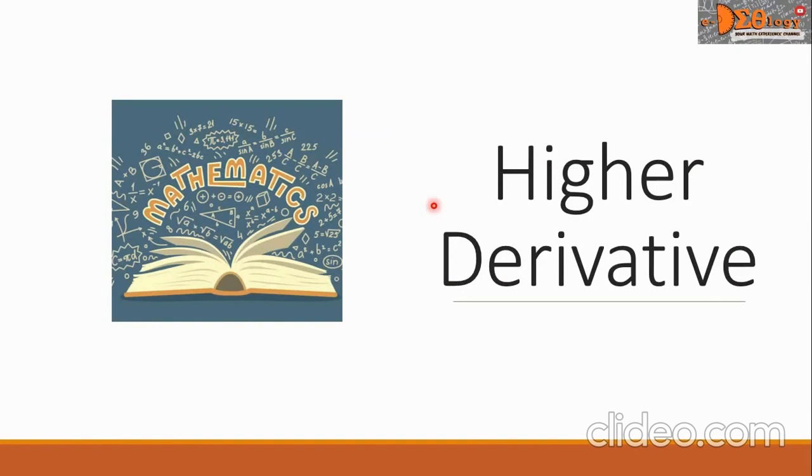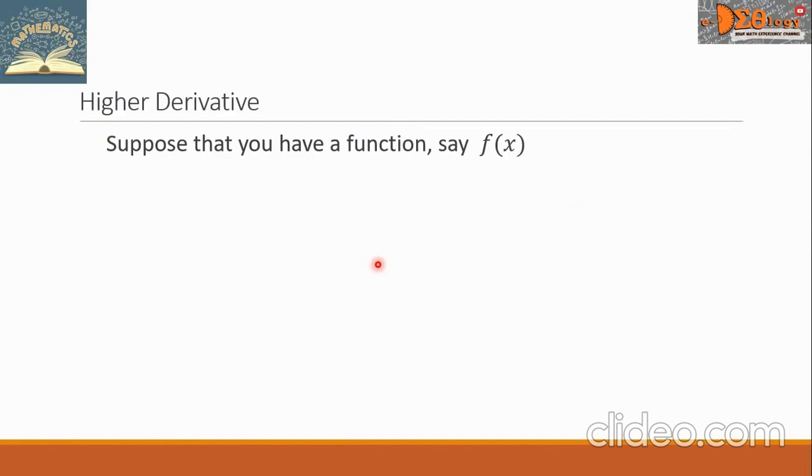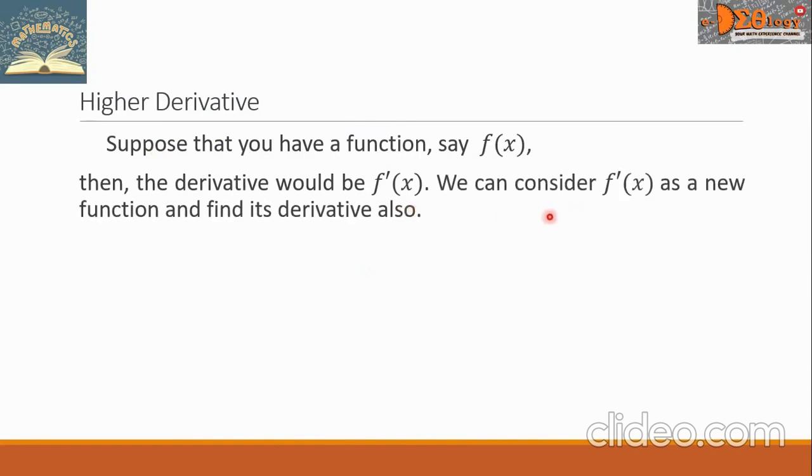Hi everyone. Today we're going to study higher derivatives. Suppose that you have a function, say f of x. Then the derivative would be f prime of x. We can consider f prime of x as a new function and find its derivative also.